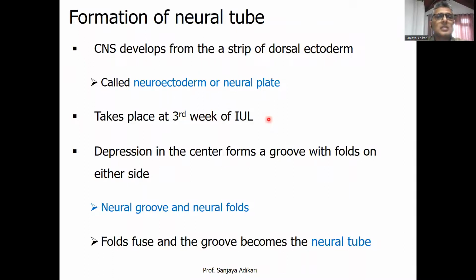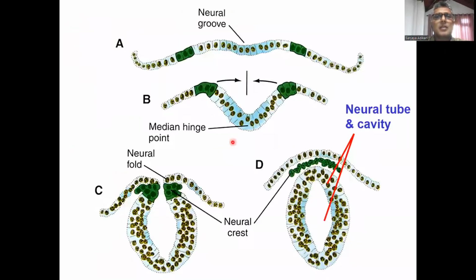But anyway, so it starts from the neuroectoderm, which is a differentiated strip of ectoderm at the back, on the dorsal side, which is called the neural plate. I'll show you a diagram. Okay, so in this diagram, you can see that now your embryo is like this.